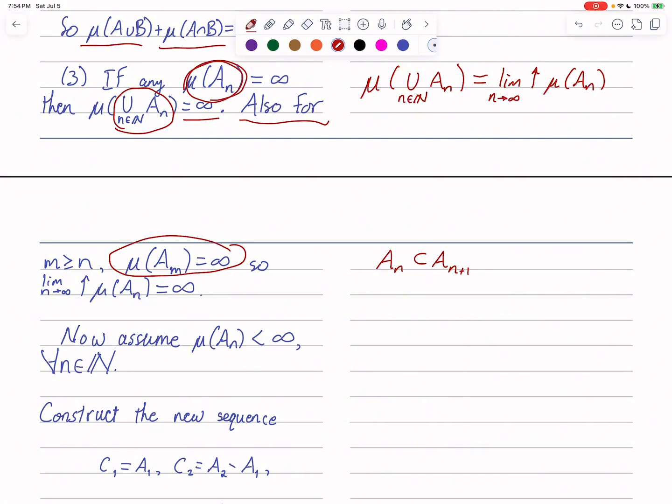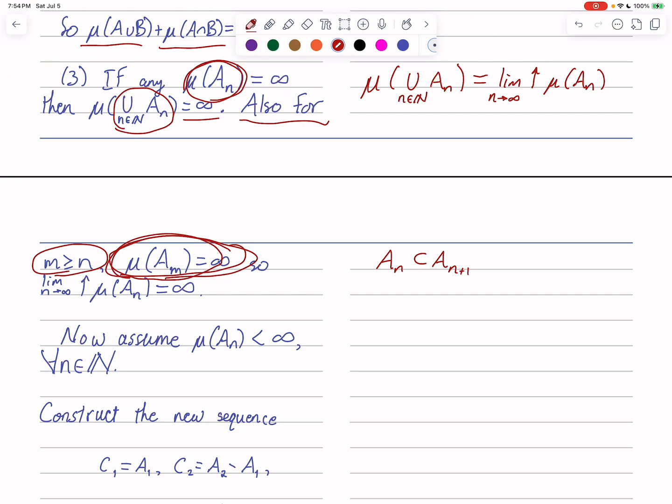Because every term after n is a superset, they all have measure equal to infinity. And so eventually this sequence just turns into a constant sequence.